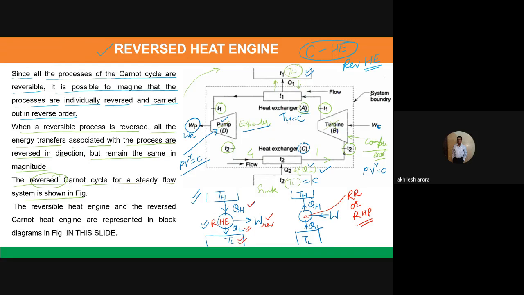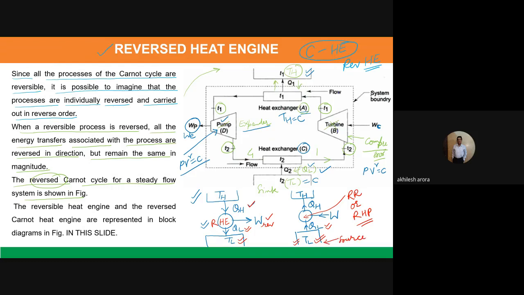And now you can see here we have reversed this cycle. QL amount of heat is being taken from the source at TL. Now you can see this is the lower temperature, but now we are calling it a source.